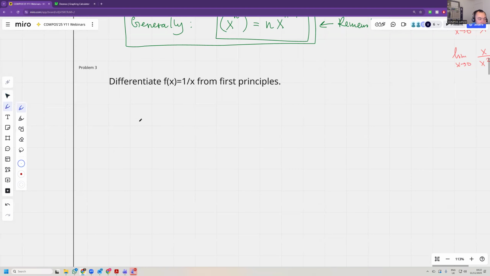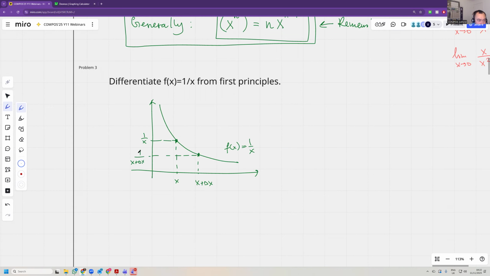So here I've got a function, f of x equals 1 over x. And let's say that this is x, and this is x plus delta x. So this would be 1 over x, of course, and this would be 1 over x plus delta x.